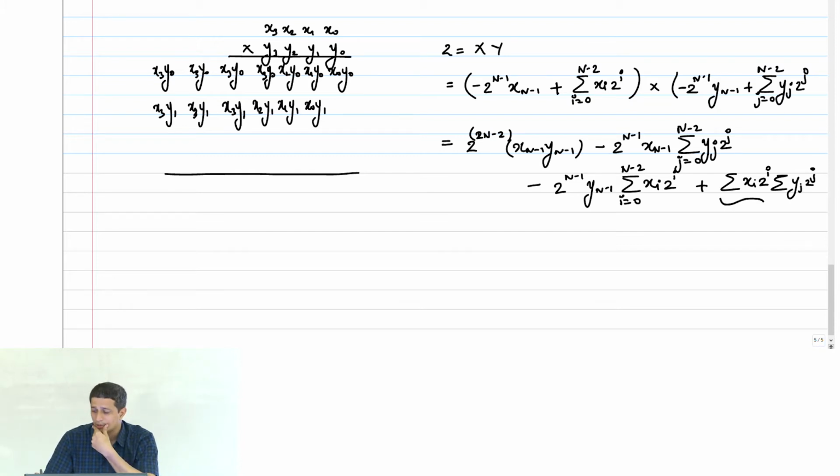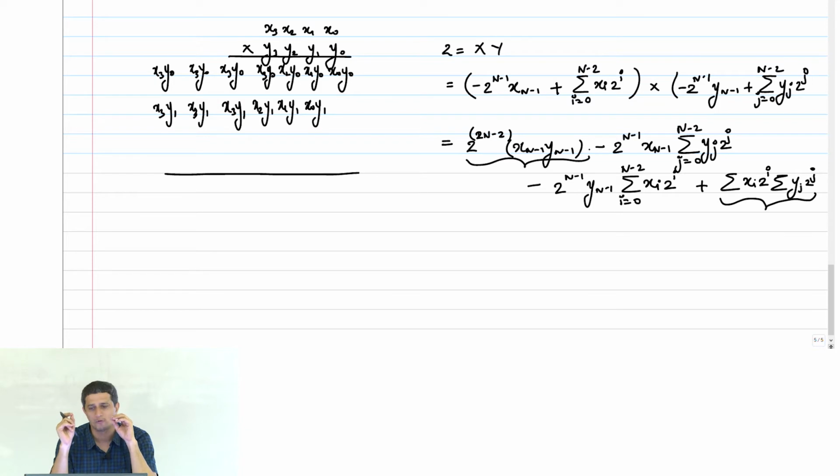Now this is basically my usual unsigned multiplication, and therefore I can just do it normally. This also is a positive number, so no problem.